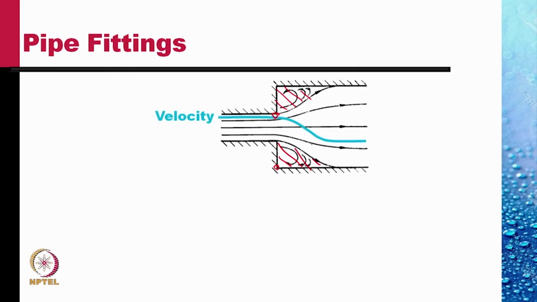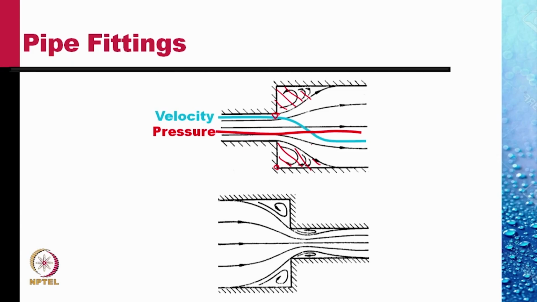The velocity decreases like this, but because of losses, the pressure does not change very much. Since the velocity is decreased, if there was no flow separation, the pressure would have increased, but the pressure does not increase. This means there is a pressure drop at a sudden expansion, and if we are pumping water, that would mean we have to apply more pressure difference, we have to expend more power in pushing the water through this sudden expansion.